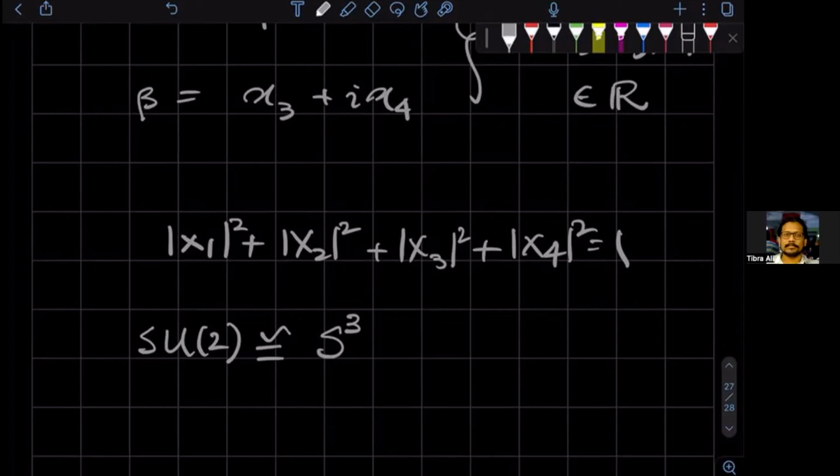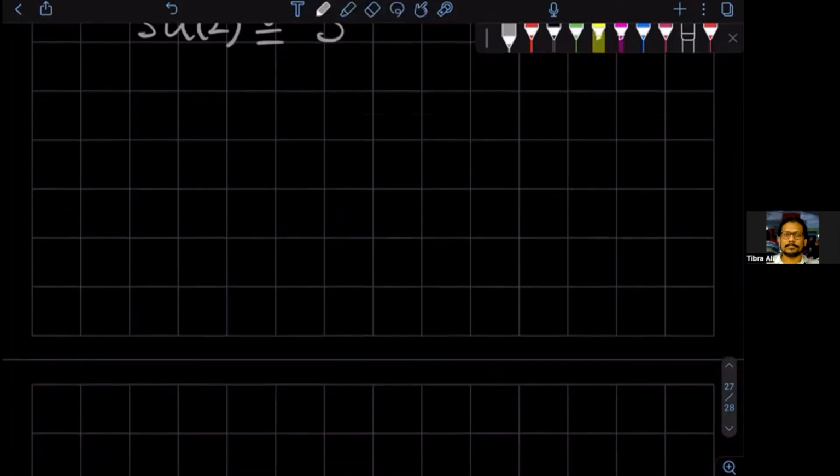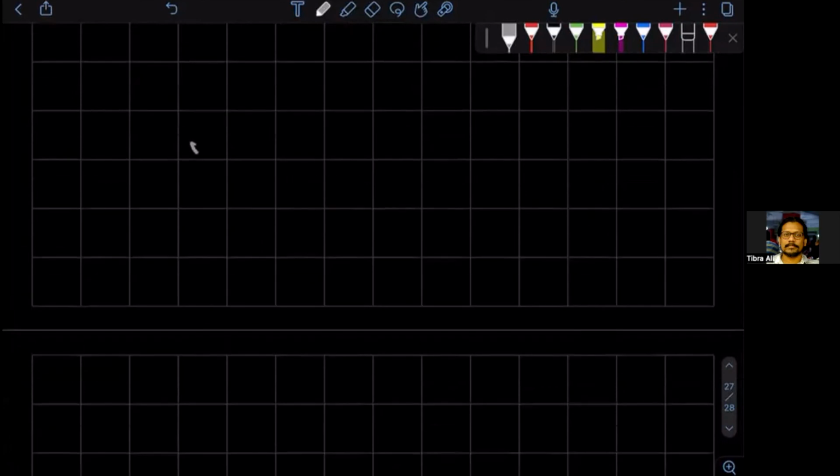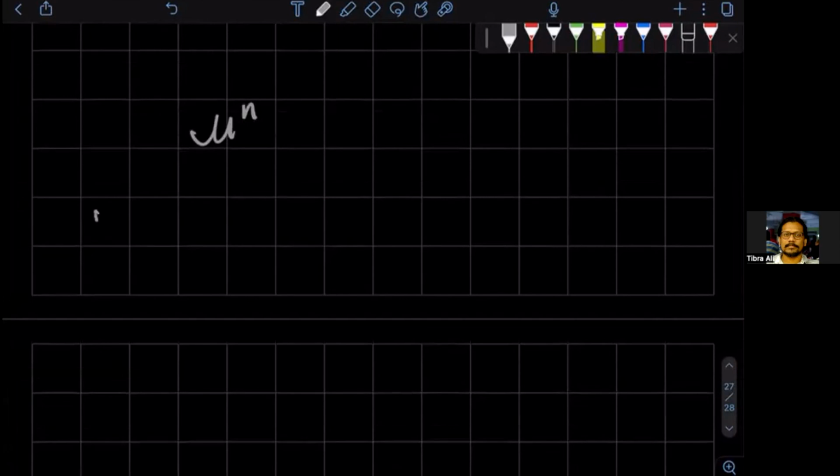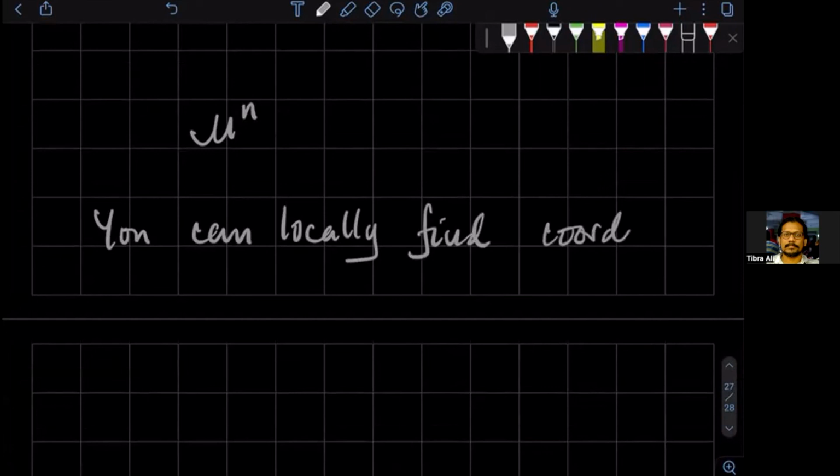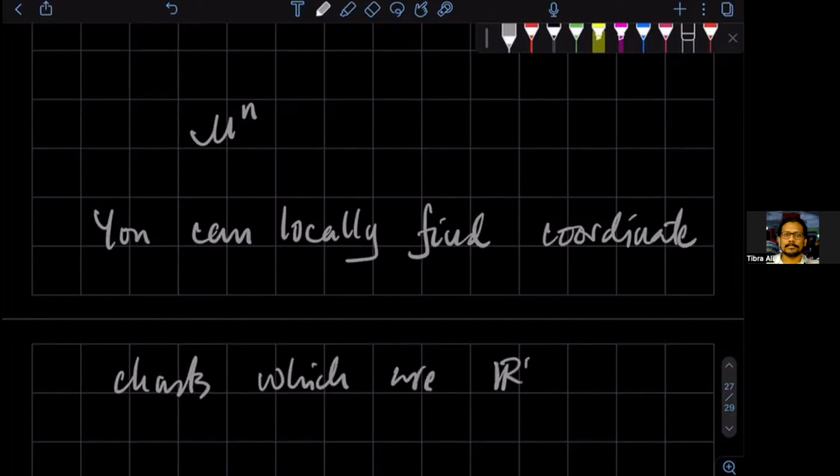Yeah, a manifold is a topological space which is locally R^n. So if you have an n-dimensional manifold, then it means that you can locally find coordinate charts which are R^n.